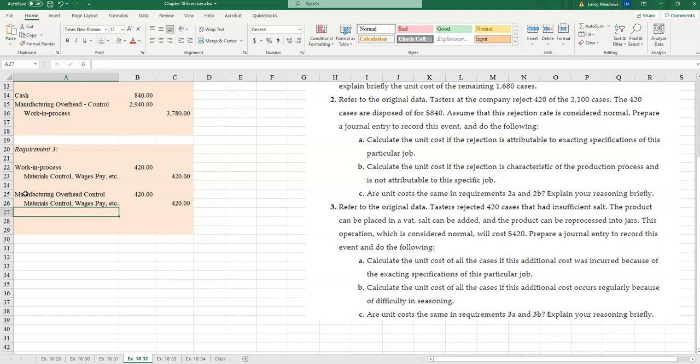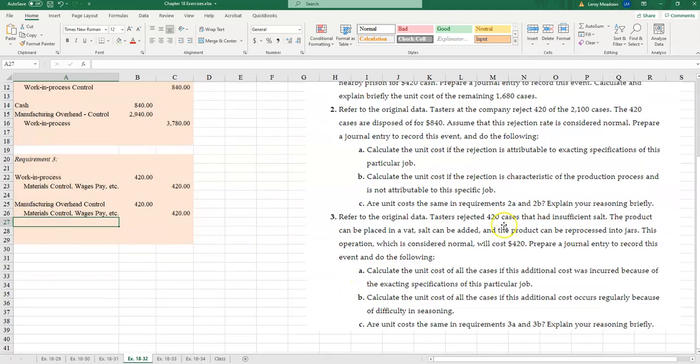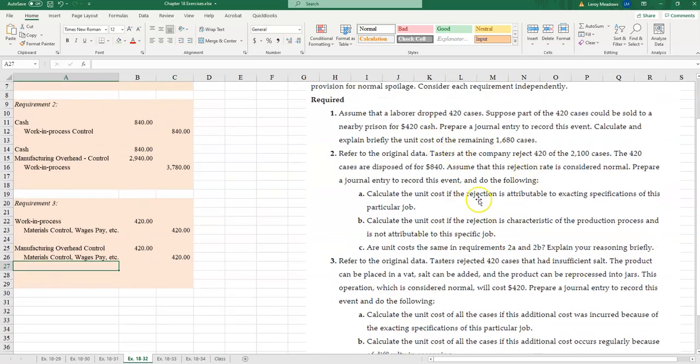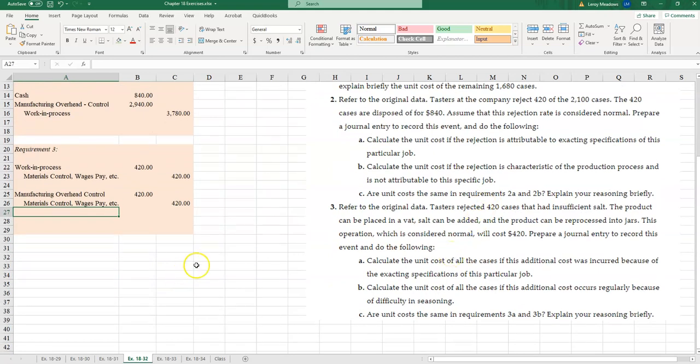Now, because that cost is not going back directly to that job in this scenario, because it occurs as a process and not because of job specifications, that's being charged to manufacturing overhead, which incorporates and includes and absorbs all that normal spoilage. So in this case, there's no additional cost up and above the $9 per case to incorporate here.